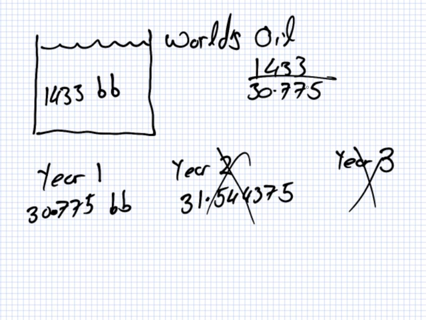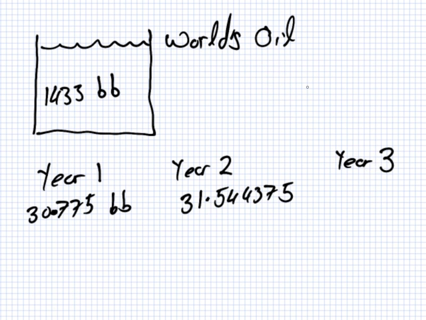Will it be more or less time than this if it increases? Would the oil run out sooner or later? Sooner. So we need to calculate how long. Now I tell you in the question that this is an increase of 2.5%.